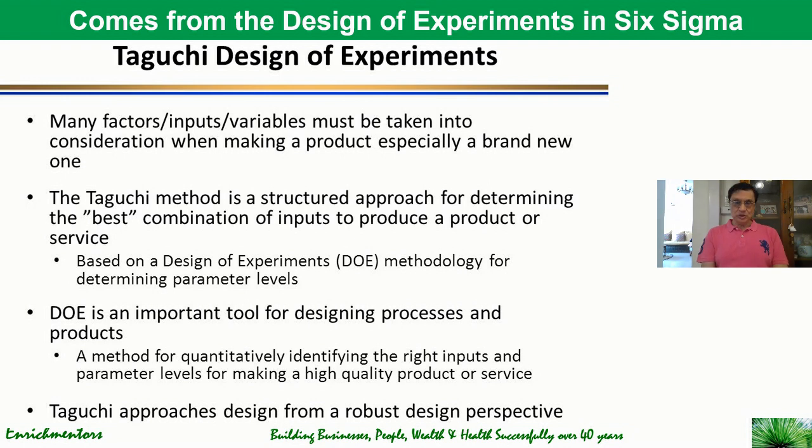There are many factors, many input variables, that must be taken into consideration while making a product or an output that you want in digital marketing, and in design specifically a product. So this method was innovated by Taguchi, a Japanese management scientist, who had a structured approach to determining the best combination of input variables to produce a product or a service. Based on this design of experiment methodology, you determine what the inputs are and what the parameter levels of those should be to get the best output.